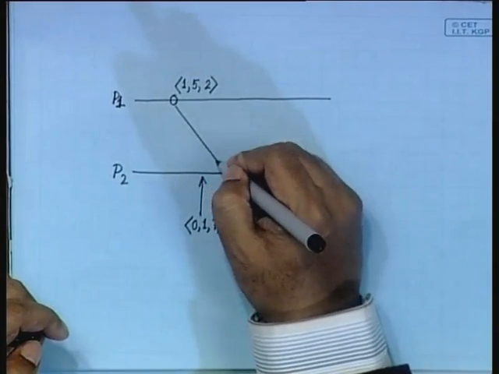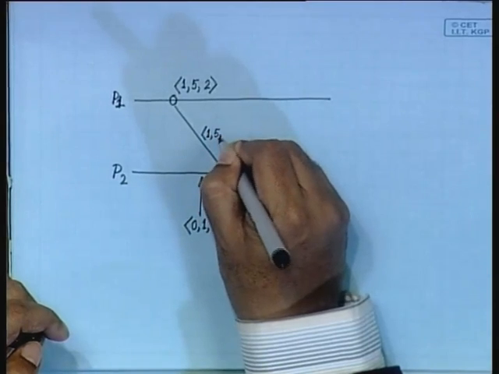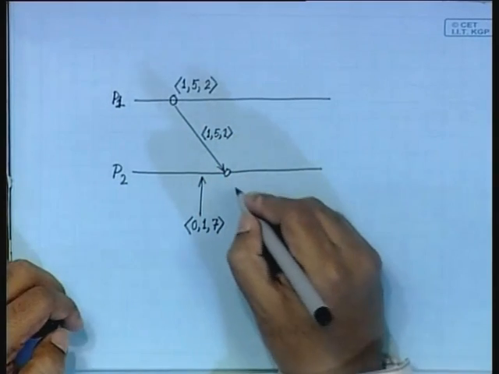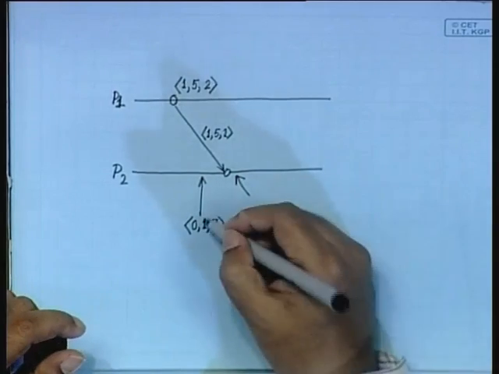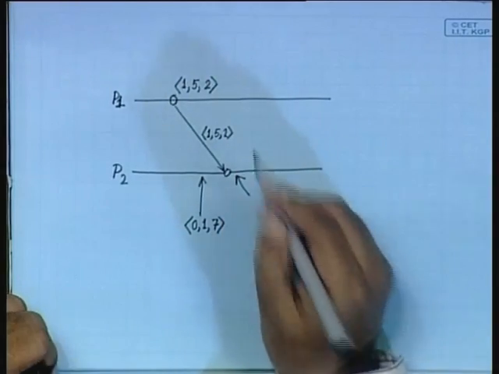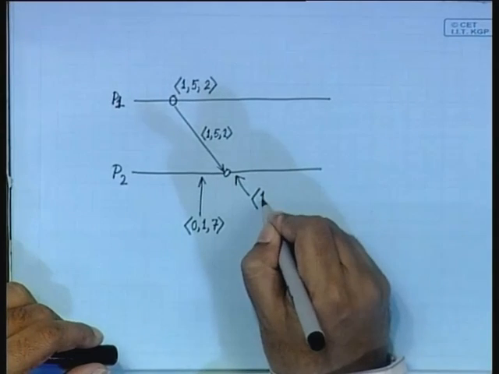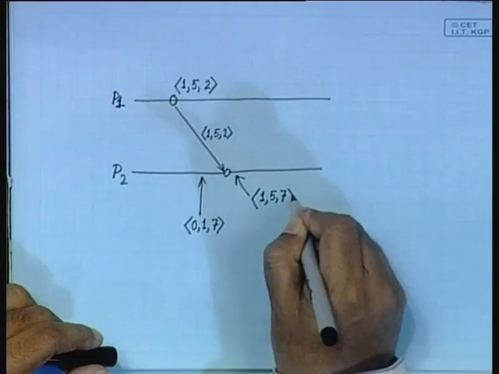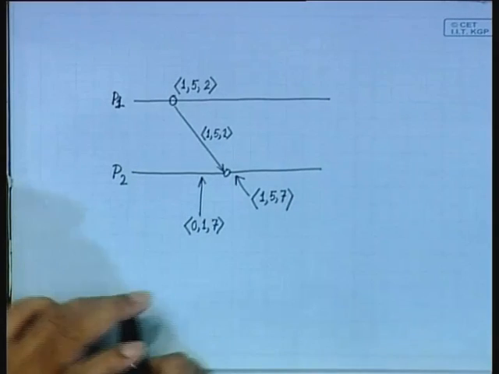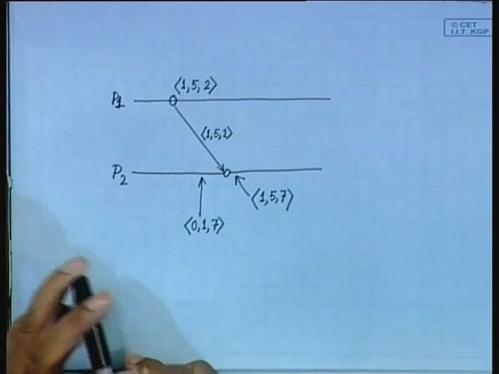So, when this message is received, the message will carry the timestamp, and I will update this clock here to the dimension-wise max of the two. So, I will update it to 1, 5, 7.